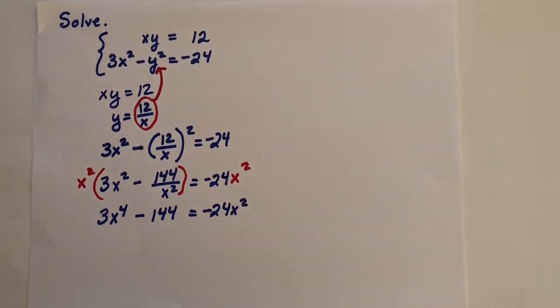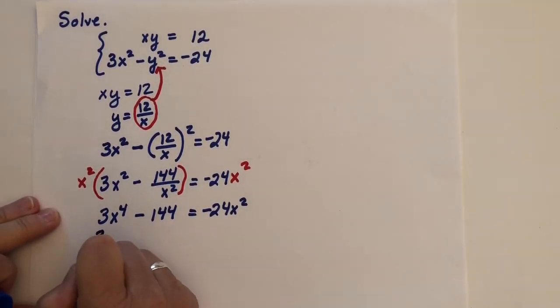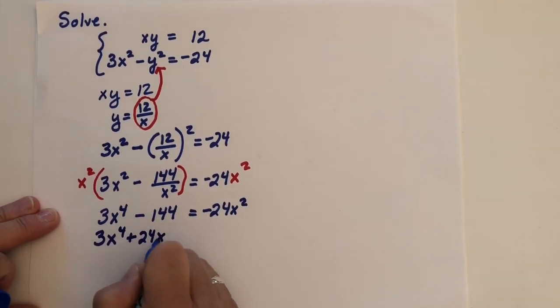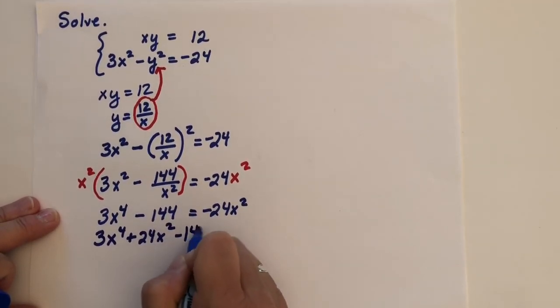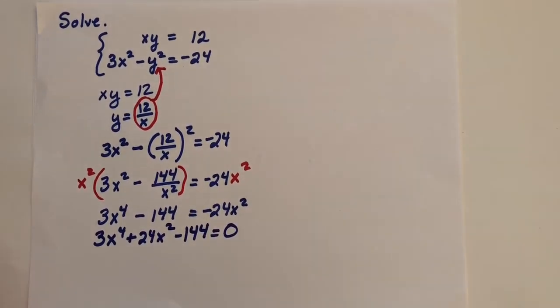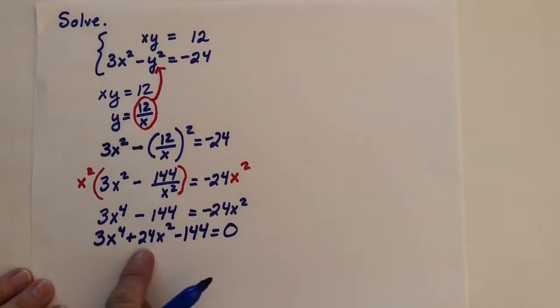But now we have a 4th degree equation. Let's set it equal to 0. So we have 3x to the 4th plus 24x squared minus 144 equals 0. Now I do notice there's a common factor of 3, so I'd like to divide by that 3, so my numbers will be smaller.